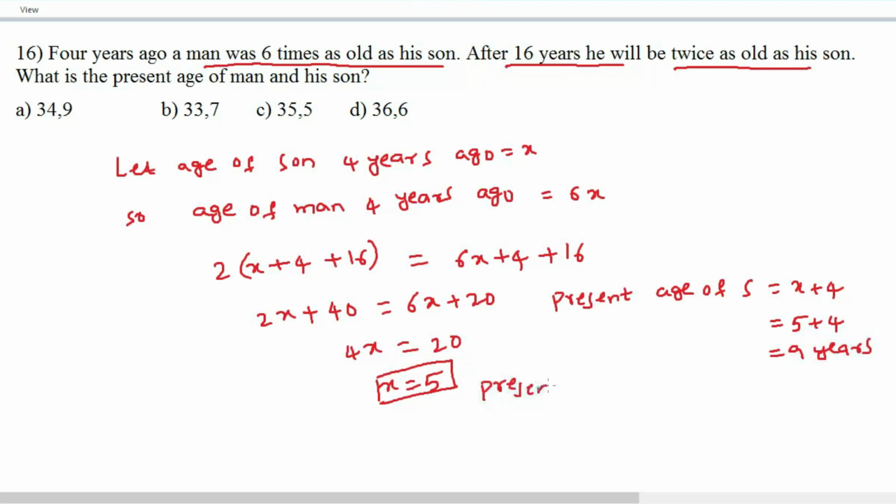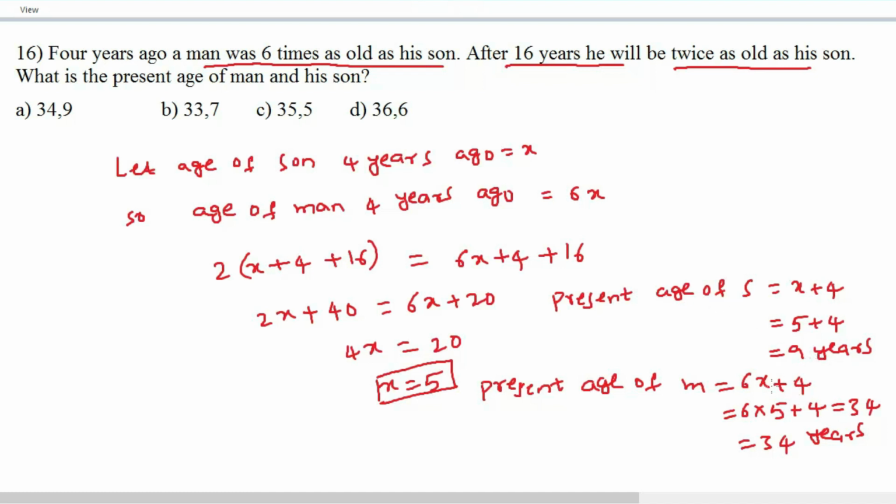And present age of man equal to 6x plus 4. 6 into x, equal to 6 into 5 is 30, 30 plus 4 is 34 years.